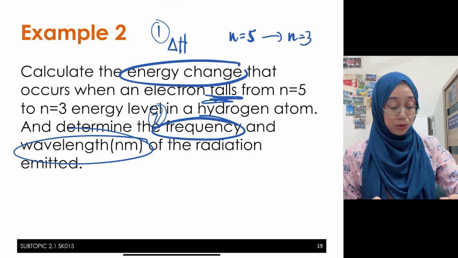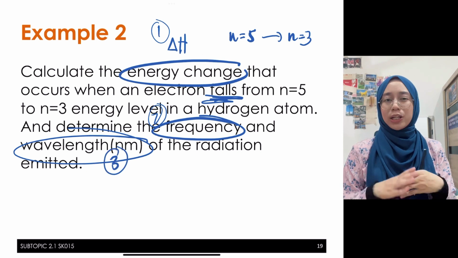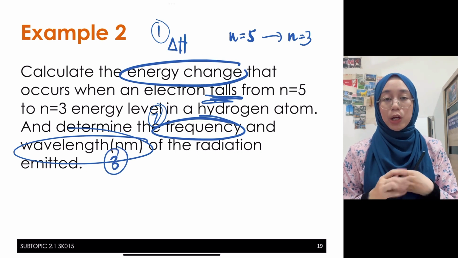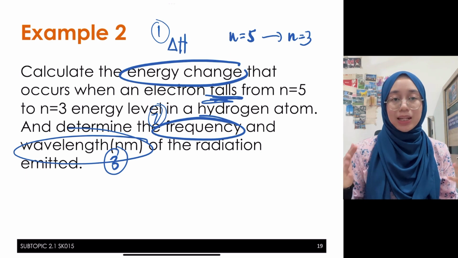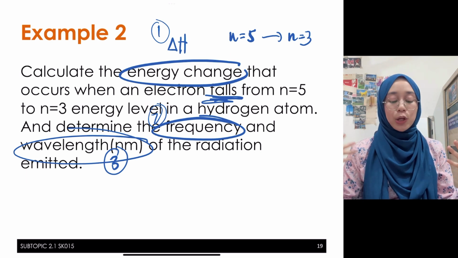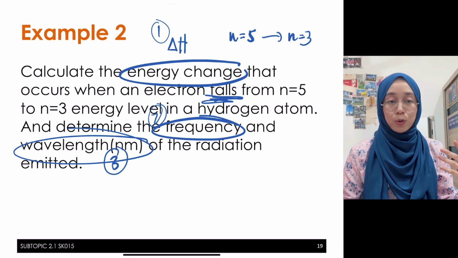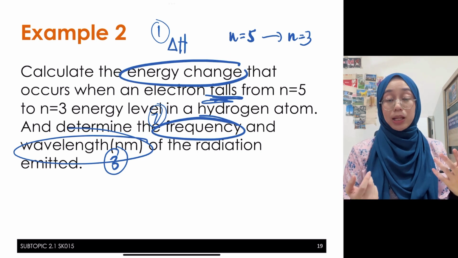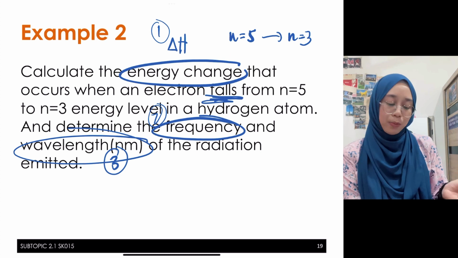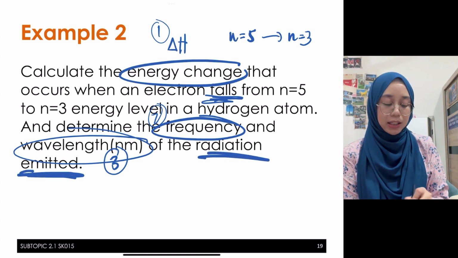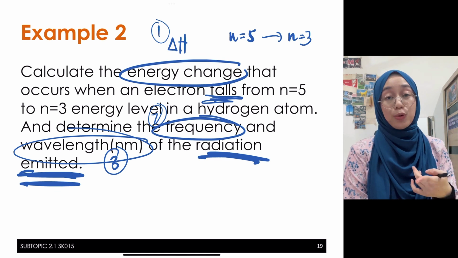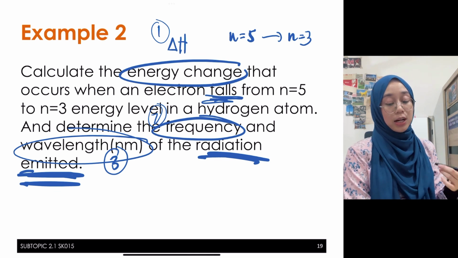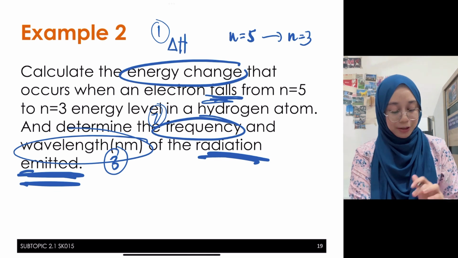Wavelength usually kita akan bagi jawapan dalam nanometer. Kalau dia tak minta specific, so if you want to leave your answer in meter, that's fine. Or else you have to show jawapan kamu dalam nanometer kalau soalan minta. Yang ni pun dia dah mention radiation emitted, bermaksud akan ada negative value nanti untuk kamu punya energy change. Okay, alright.